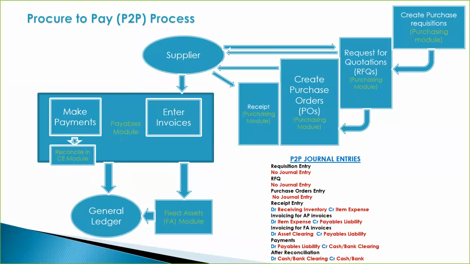Now, at the end of all this process, after all these journal entries have been entered, the system would end up with, for example, if it was an item expense, a debit of the item expense, and then a credit of cash. That will be the end result.